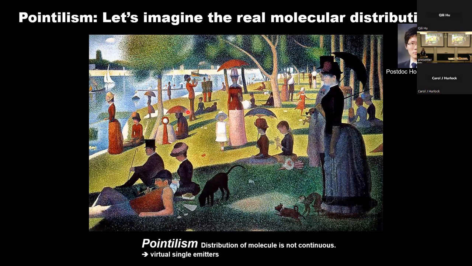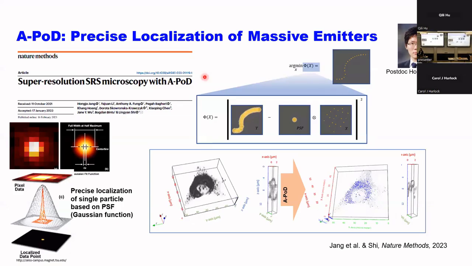This painting is a very good example. We can see in a distance, the painting provides many features: woman, umbrella, dogs, children. But if you zoom into that picture, they are all dots. So it's a Pointillism concept. It's really good for our non-single molecule microscopy.